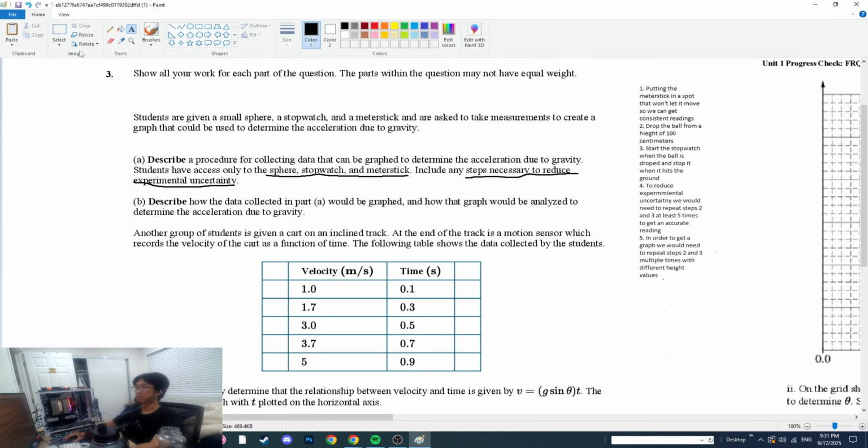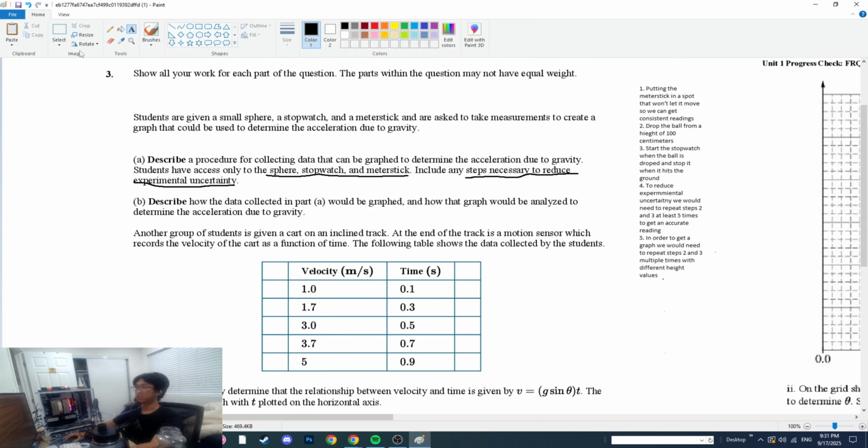Since the ball is being dropped from the hand, the initial velocity equals 0, and that cancels out this part, and we are left with x equals 1/2 a t squared. Since the value we desire is the acceleration, we'd need to isolate it, so we'd divide the entire thing by t squared, and we would have x divided by t squared equals 1/2 a.